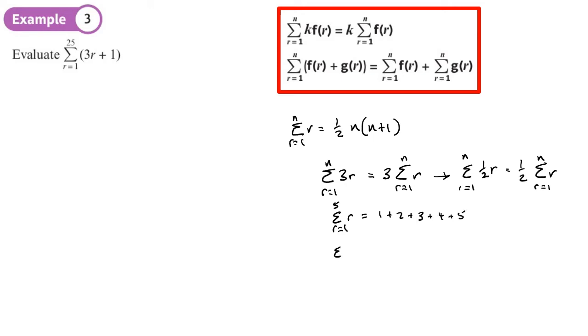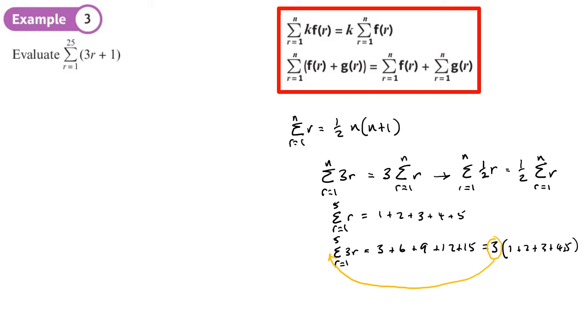The sum of r equals 1 to 5 of 3r would be 3 plus 6 plus 9 plus 12 plus 15, which is equal to 3 lots of 1 plus 2 plus 3 plus 4 plus 5. That's why we can put this 3 at the front, because it's basically 3 times what it would be if it was n. Okay, that's the first rule that we have.